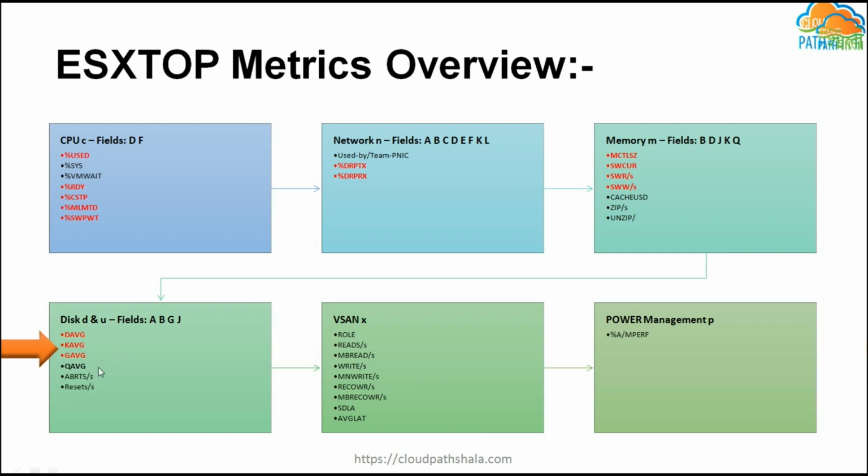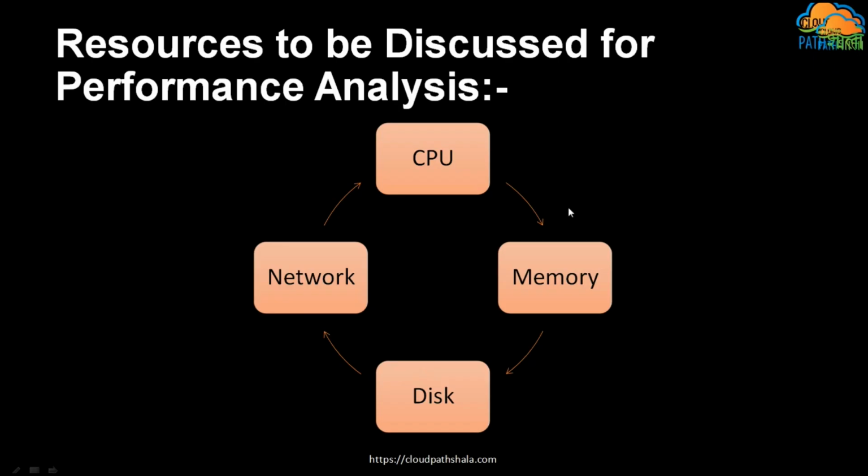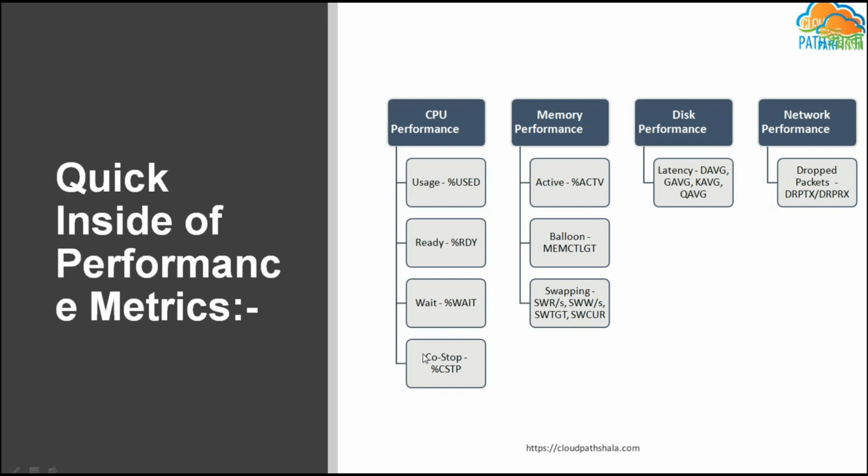These are the counters we're going to talk about when you press D for disk in ESXTOP, which is a command line tool. We'll be talking about DAVG, KAVG, and GAVG. These are a few things across CPU, memory, disk, and network where we will be doing a deep dive. However, let's talk about the disk now.